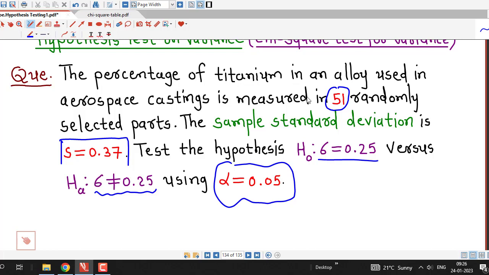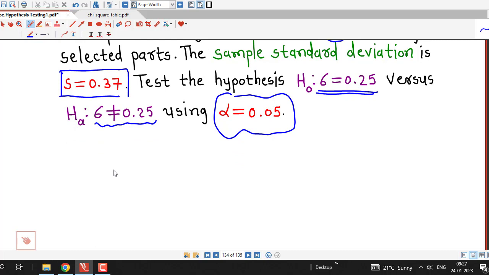They are considering n equal to 51 randomly selected parts, and they found that the sample standard deviation for this sample of 51 parts is 0.37. Using this sample data we have to test this null hypothesis that population standard deviation is 0.25 against this alternative hypothesis, and level of significance is 0.05.